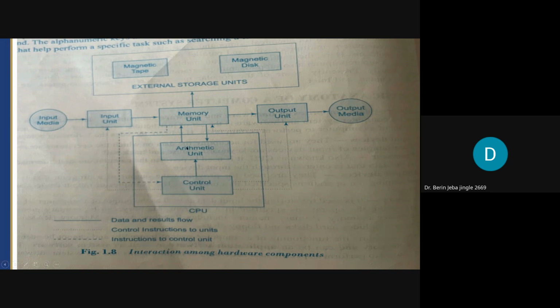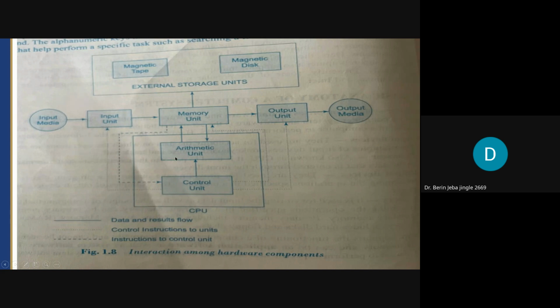Okay, the dashed line we can see is called the control instruction to the units. The minute dashed line is the control instruction to each and every unit. The control unit controls the overall activities of the computer organization.